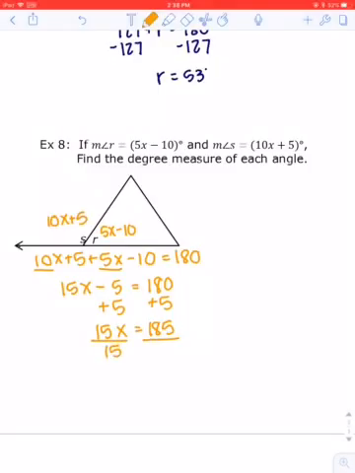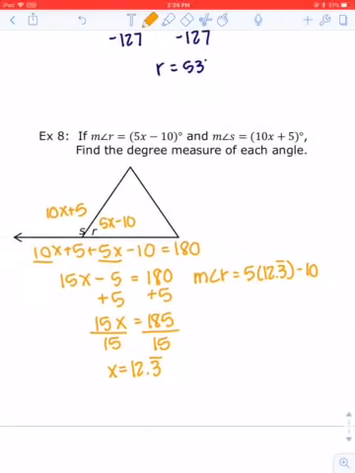Divide by my coefficient of 15, and I get x equals 12.3 repeating. So when I plug that in, I'm going to have measure of angle R equals 5 times 12.3 repeating minus 10, which would equal 51.6 repeating.